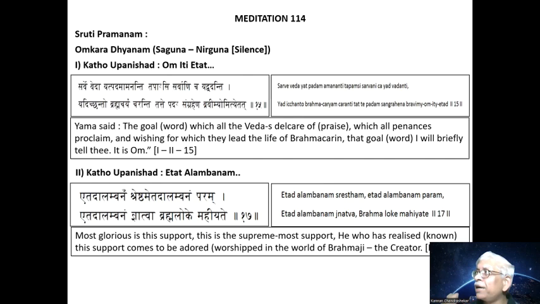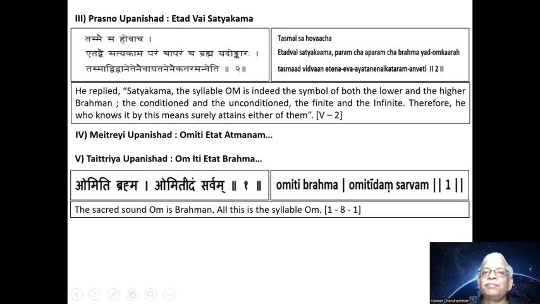Om is the Alambanam. It is the symbol. Alambanam means symbol. Om is the Alambanam for what? For that supreme essence of this creation. Third mantra. Prasno Upanishad. Etad Vaitat Satyakama.